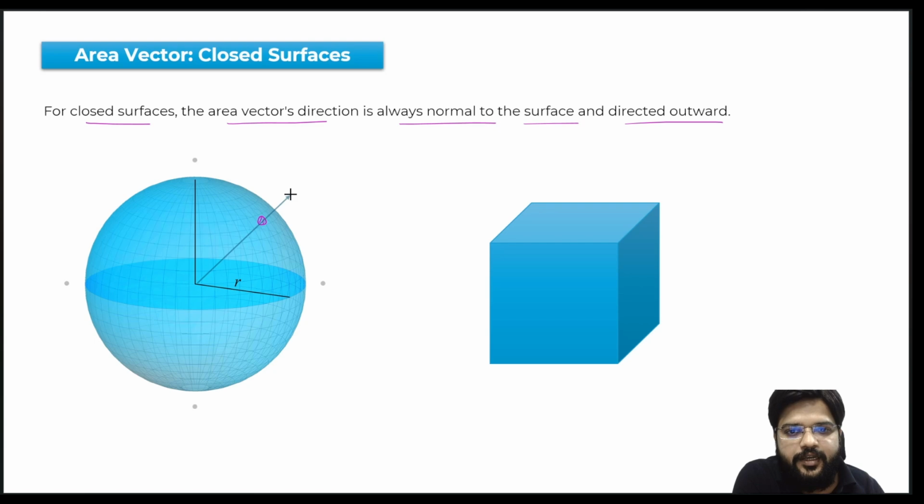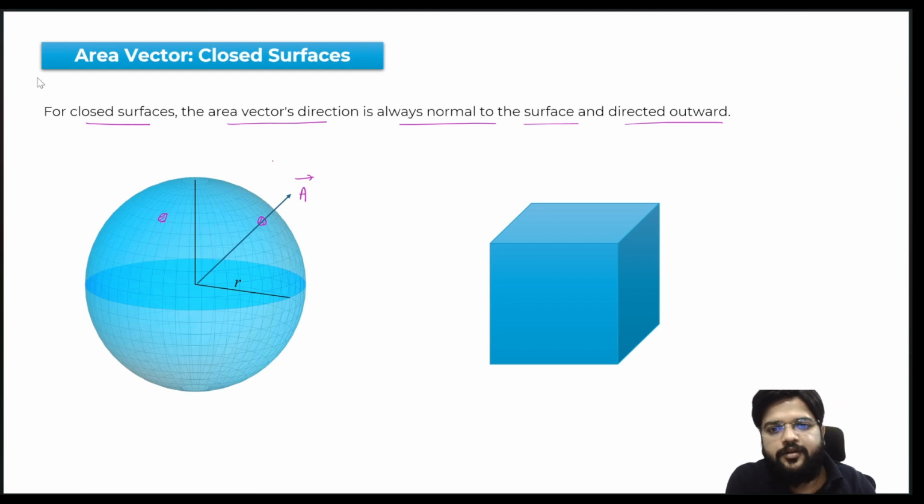This vector is going radially outward and passes through the point where we want the direction of the area vector. Like this we can represent the direction of the area vector. Same thing if I want the direction of the area vector at this point: again we draw one vector radially outward, and this represents the direction of the area vector.